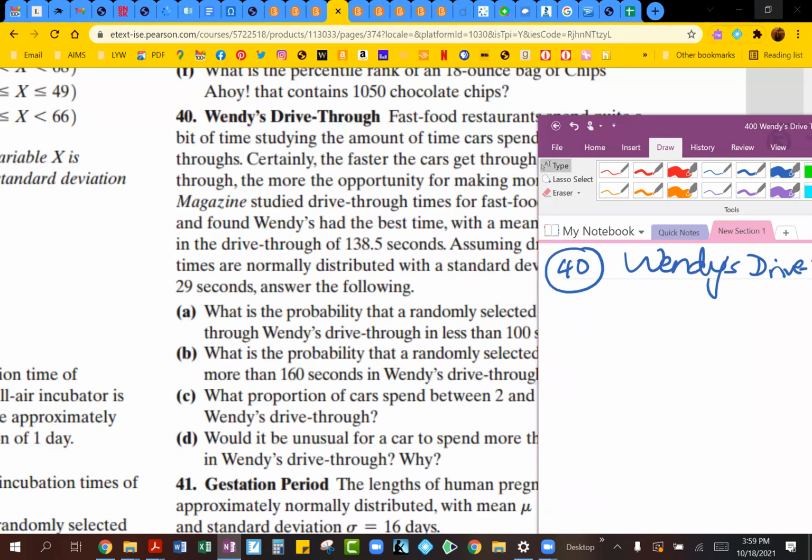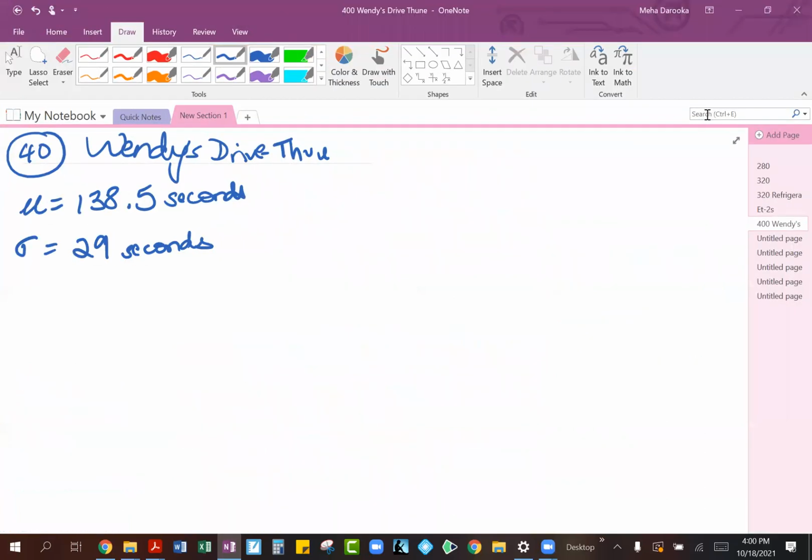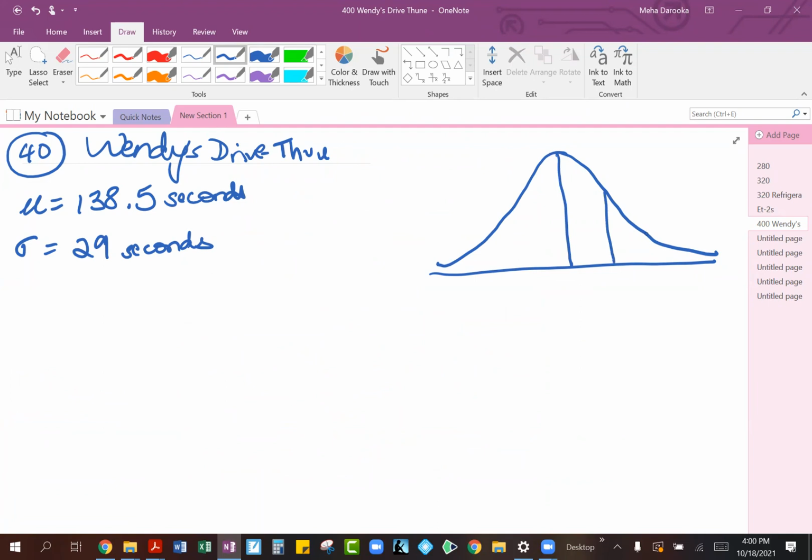Okay, so they're telling us the mean time that the cars had to wait was 138.5 seconds. The standard deviation was 29 seconds. So just based on this, if you had to create your bell curve, can you go ahead and tell me what those numbers for 1, 2, 3 standard deviations above and below the mean would look like?